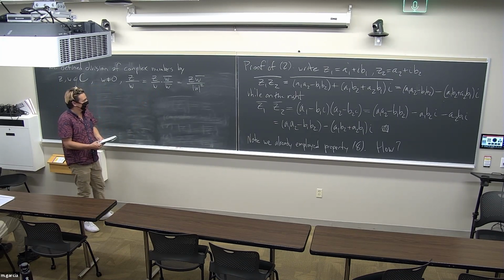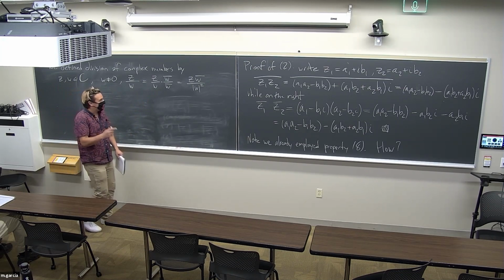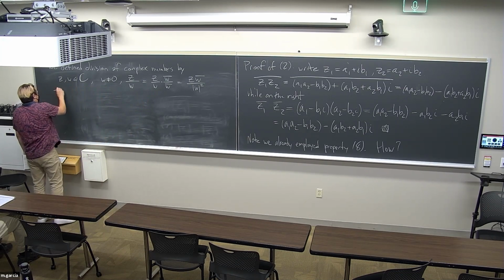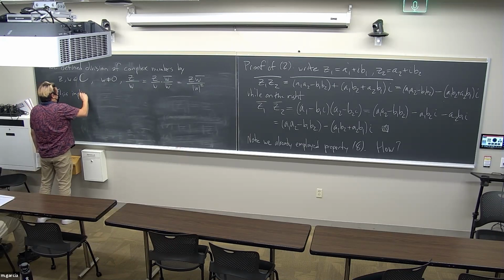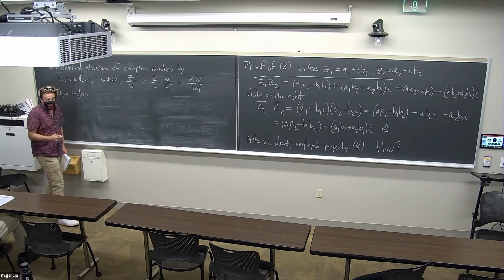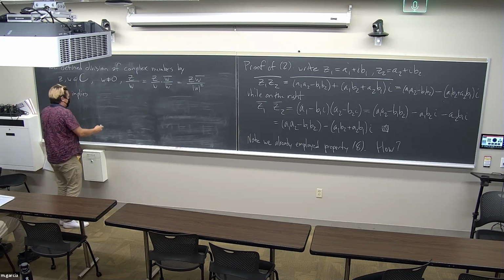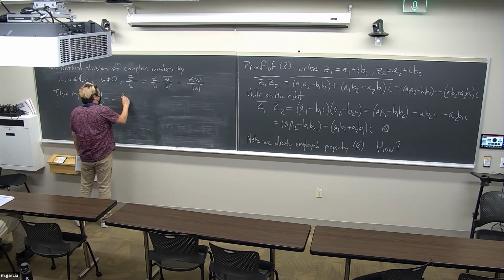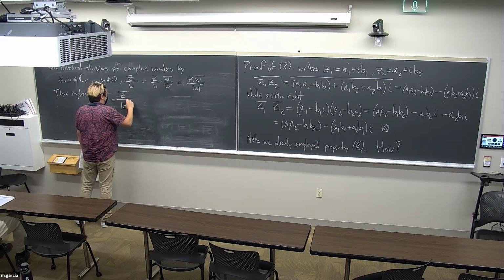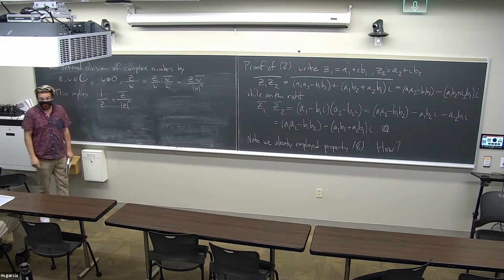Okay, good. So in general, this implies a formula for finding the inverse of a complex number. That is to say, 1 divided by z is just equal to z bar divided by the modulus of z, squared.